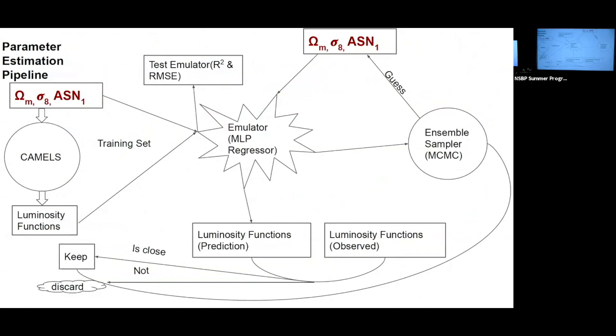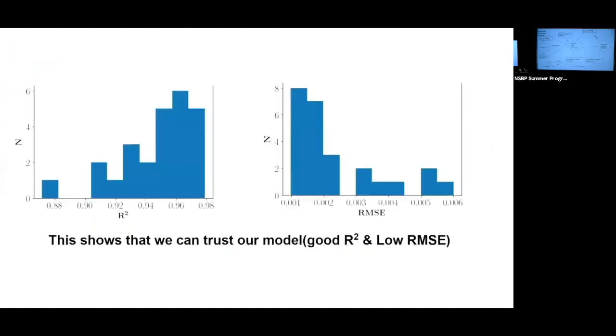We create a training set using the 3 parameters, since they're the ones causing the change. What CAMELS does is that there are input parameters, then there's the CAMELS simulation, and it outputs a luminosity function. Then we created a model, training it with the input and the luminosity function. We created an emulator, and we tested it, as we can see in the next slide.